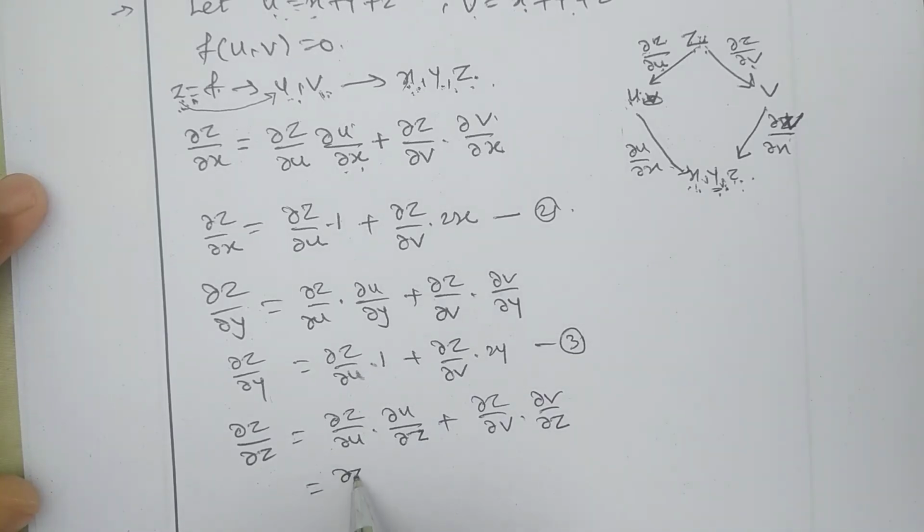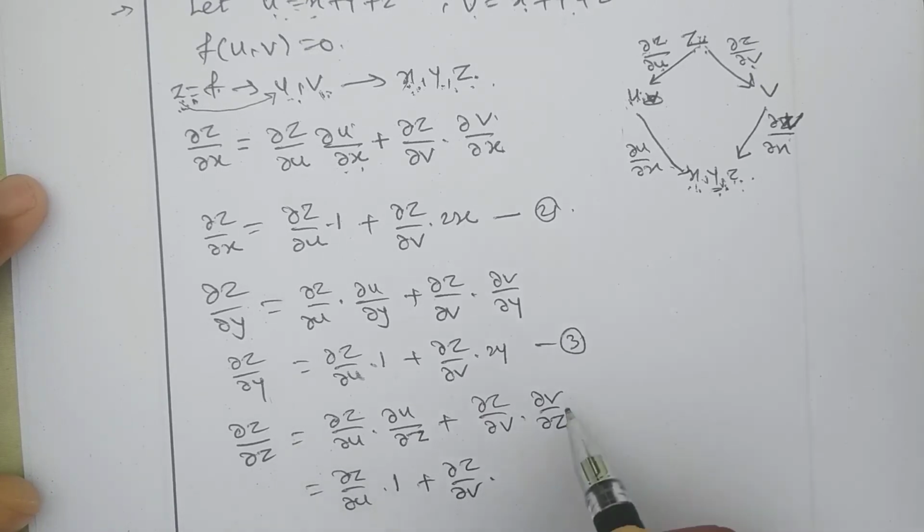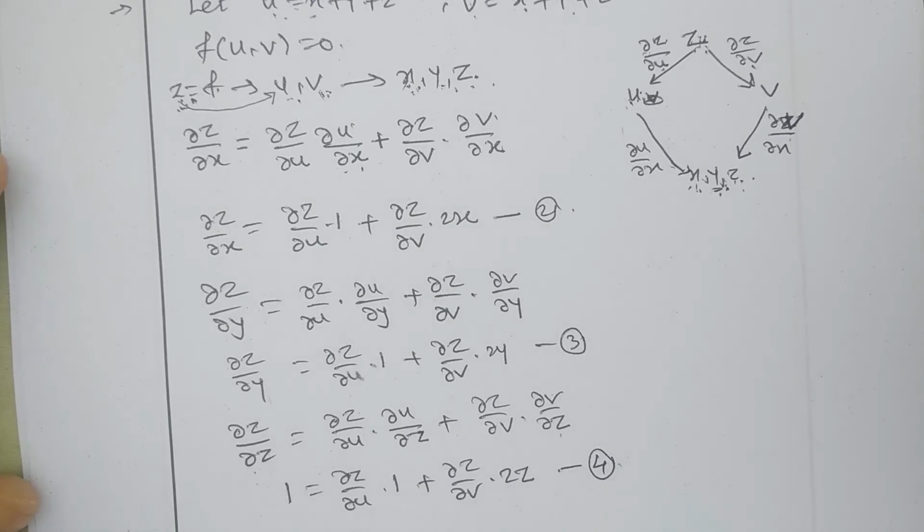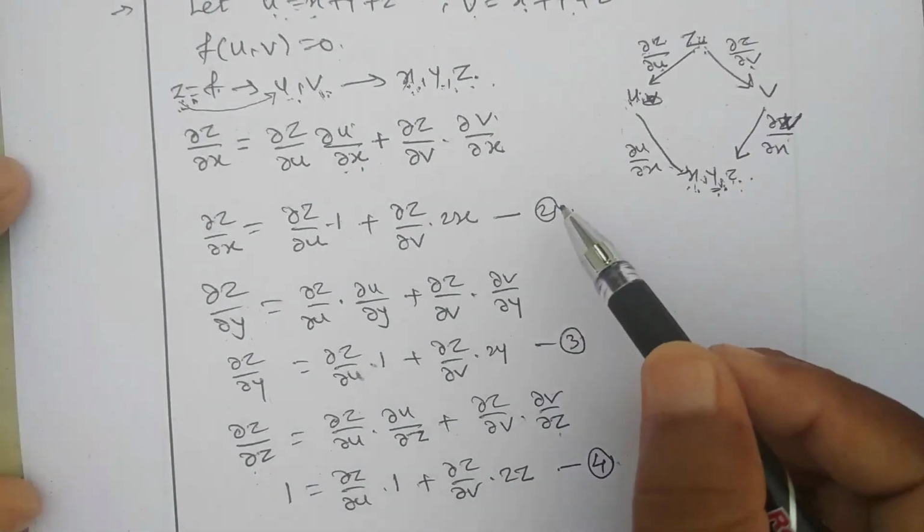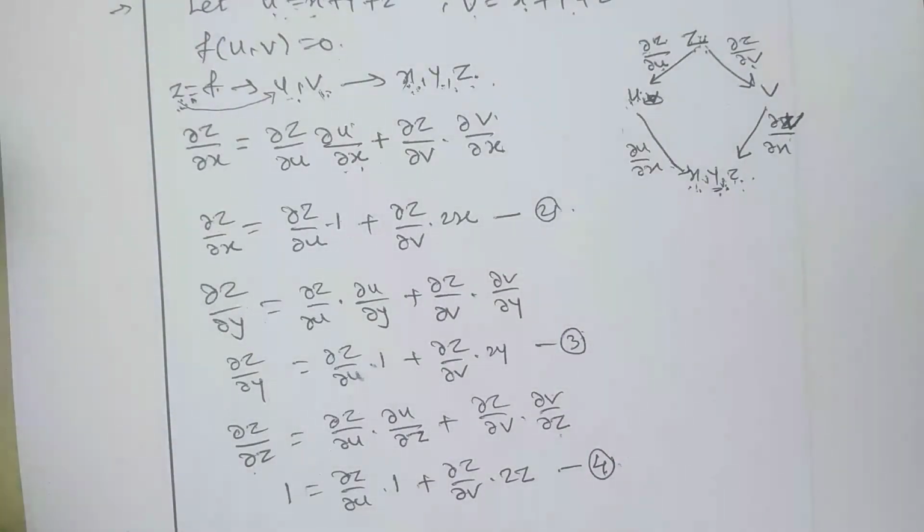This is equal to ∂z/∂u as it is, and the derivative of u with respect to z is 1. ∂z/∂v as it is, and the derivative of v with respect to z is 2z. And the value of ∂z/∂z is 1. So this is equation number 4. So you will get equation 2, equation 3, equation 4.